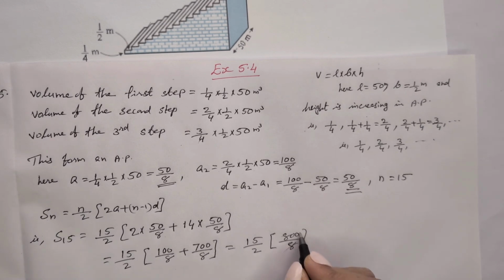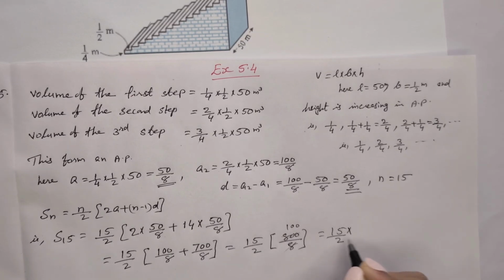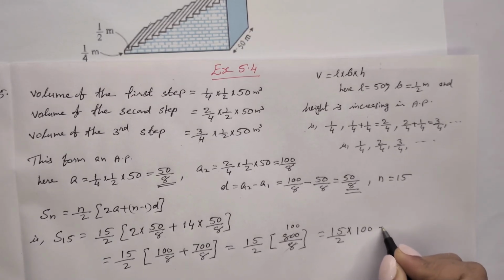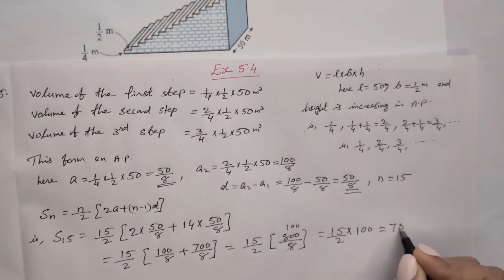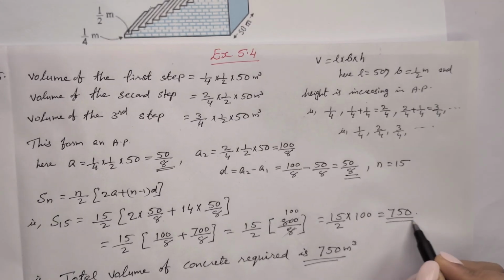That means divide by 8, it will come 100, which is equal to 15 by 2 into 100. 15 by 2, that is 7.5. So which is into 100, 750. So we can write total volume of concrete required for 15 steps, that is equal to 750 meter cube.